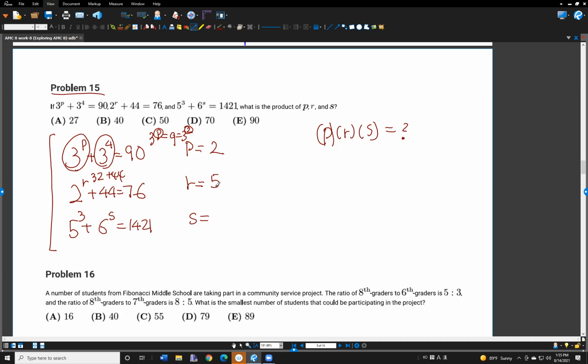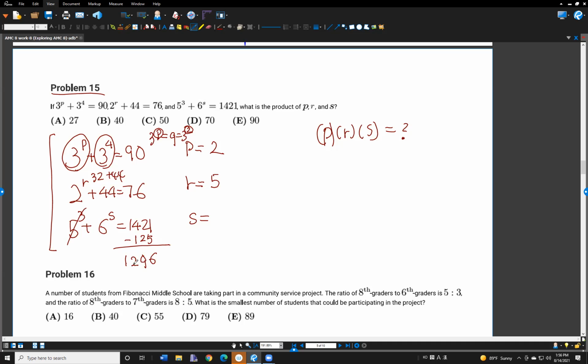5 cubed is how much? 125. So 6 to the power should be what? 1421 divided by 125 is 1296. 6 times what exponent will be 1296?